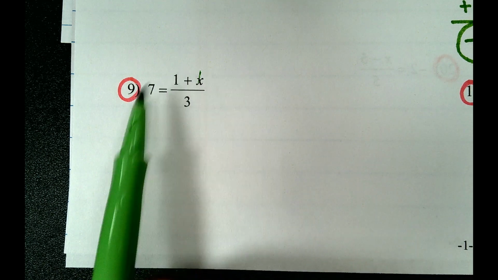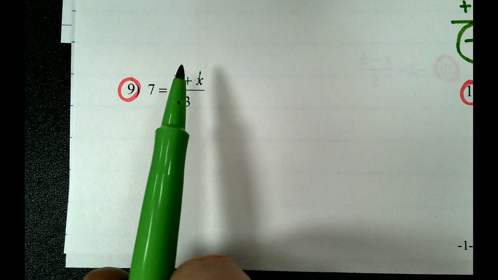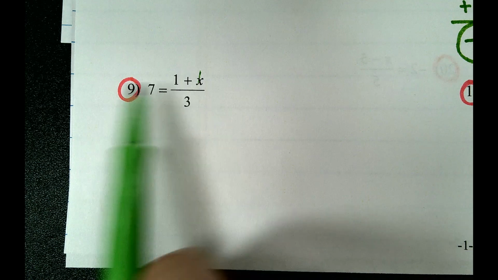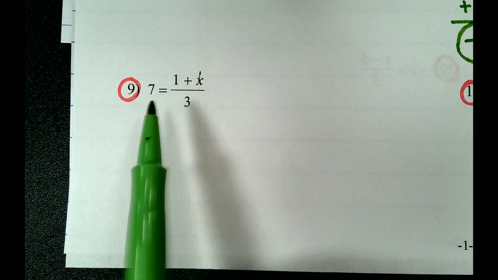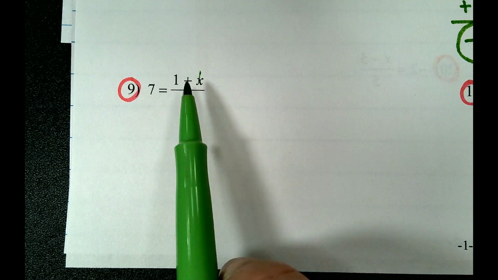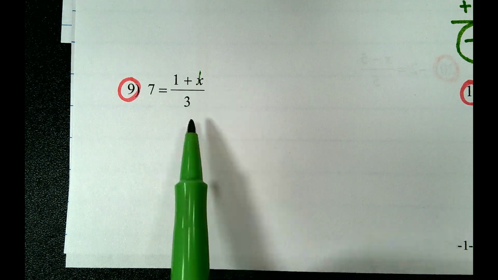So we will be subtracting 1, but we can't do it while it is on top of the fraction. We have to get rid of the fraction first. So how can I get rid of this fraction? We have to divide it by 3.